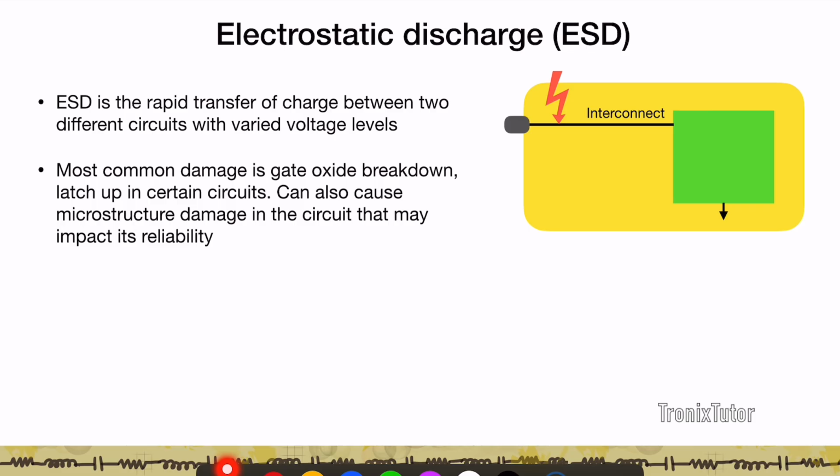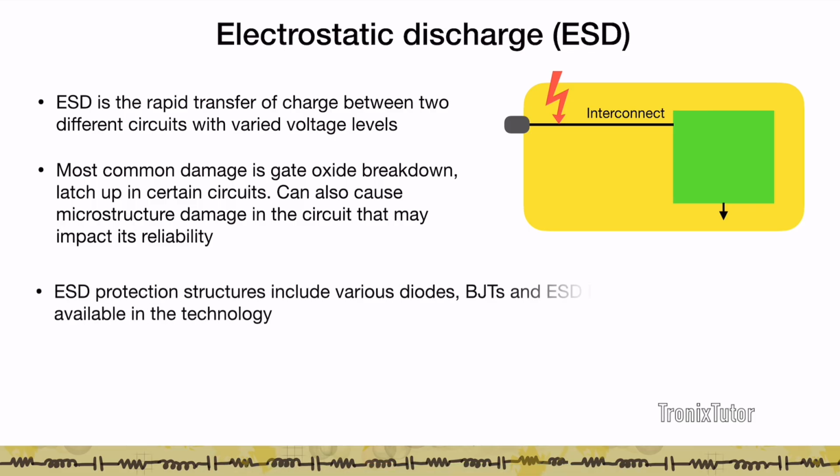So you need to ensure that there are specific rules available so that the probability of this electrostatic discharge happening, you need to reduce it to as much as possible. And so specific protection structures are available. And typically these are made up of Zener diode-like structures or reverse bias diode structures, which will essentially break down so as to shunt any additional charge through those structures to prevent any breakdown of the structures of interest, right?